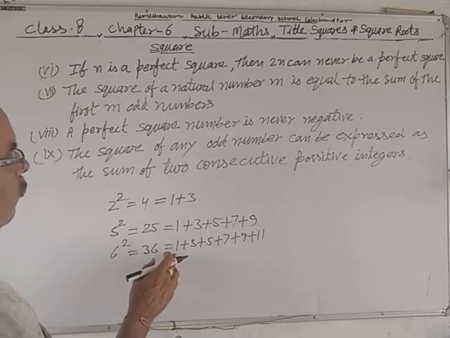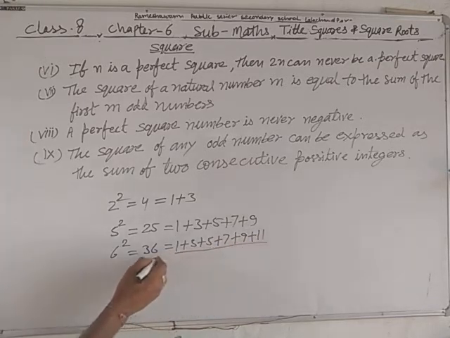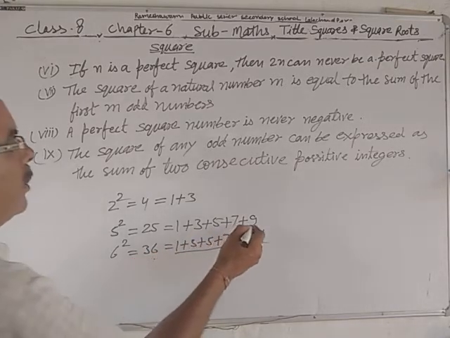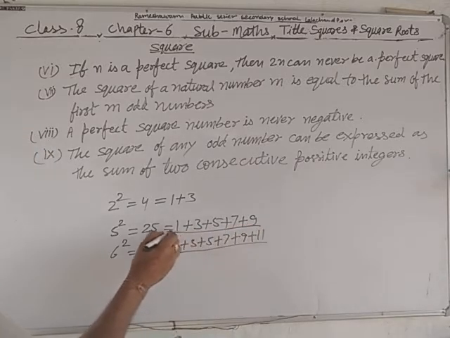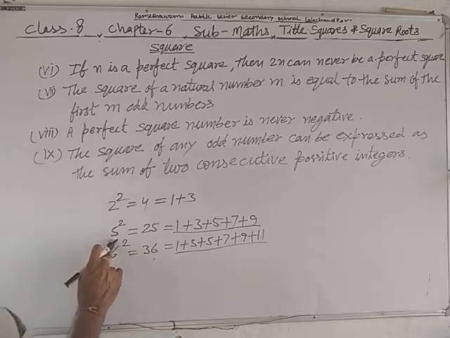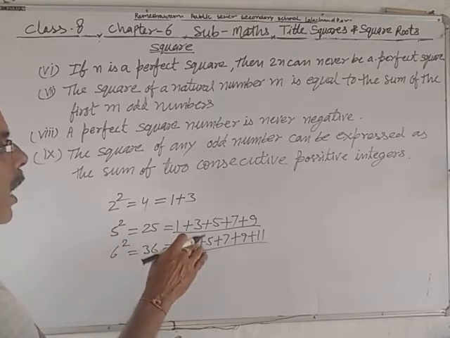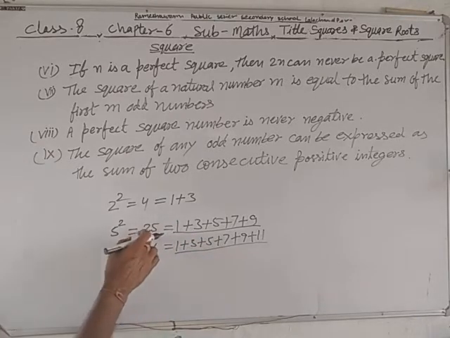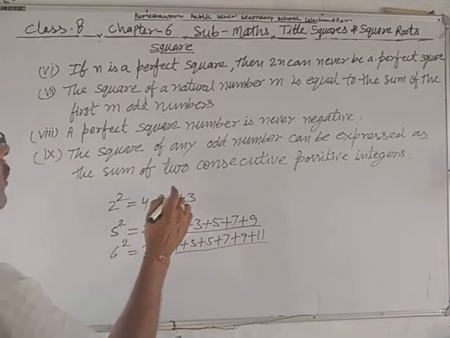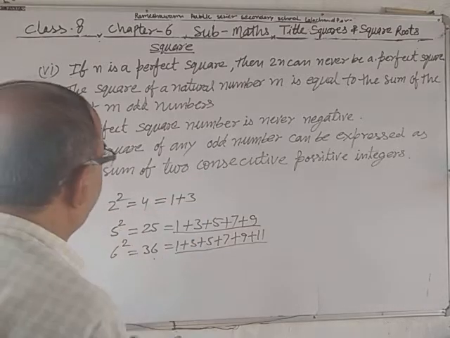This is the sum of the first 6 odd numbers, 36. The sum of the first 5 odd numbers, m equal to 5, is m squared, 25, and 2 squared is the sum of 2 odd numbers.